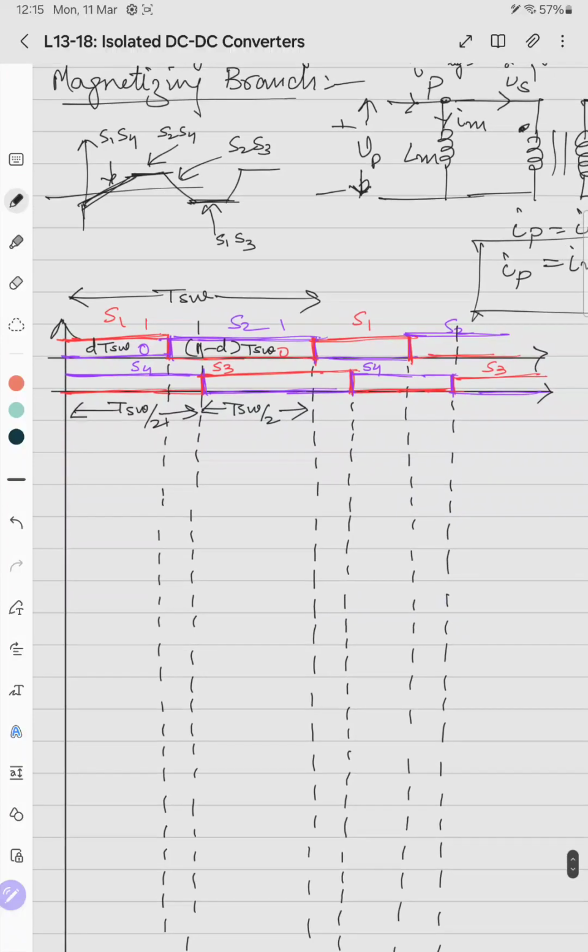So here in this time from here to here S1, S4 is on. In this time S2, S4 is on. In this time S2, S3 is on, and in this time S1, S3 is on. Then again S1, S4, then again S2, S4, then S2, S3 is on. Like this we will draw.